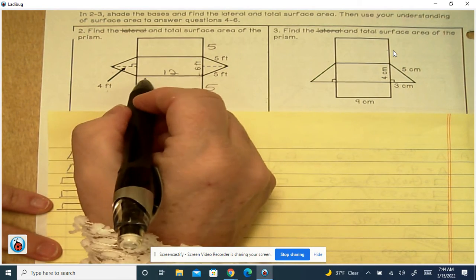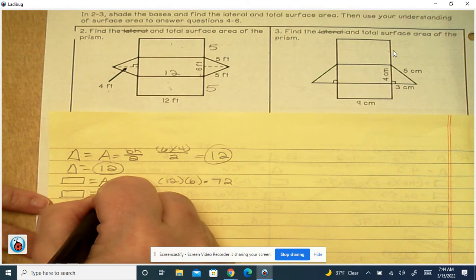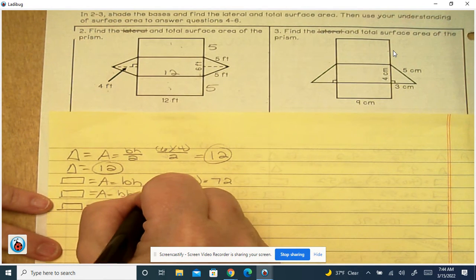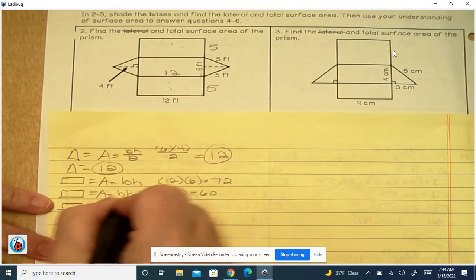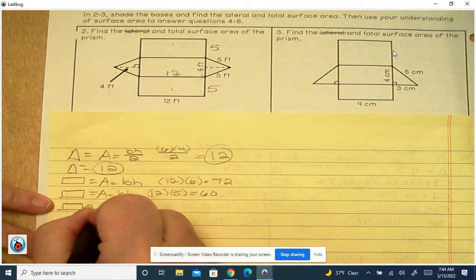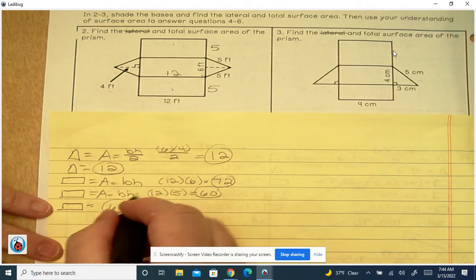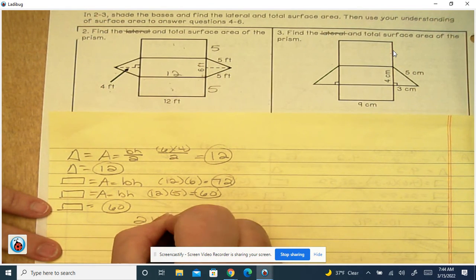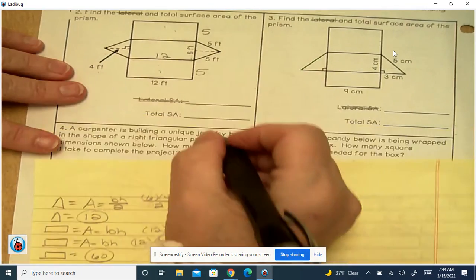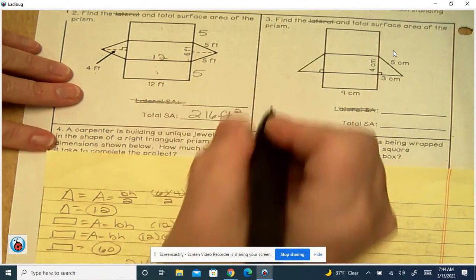All right. For this one and this one, the area equals base times height, and it is 12 times 5, which is 60. And if that one's 60, then this one's going to be 60. And when you add up those 5 sides, you get 216 feet squared.